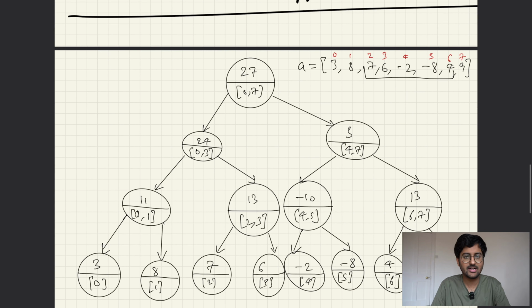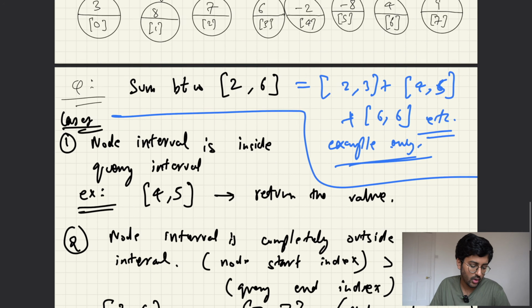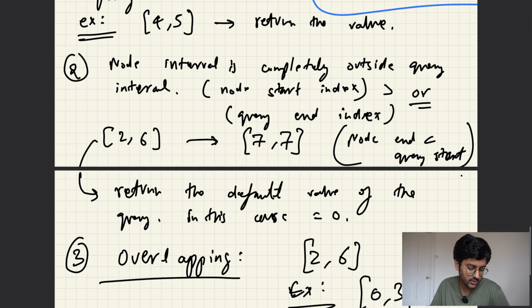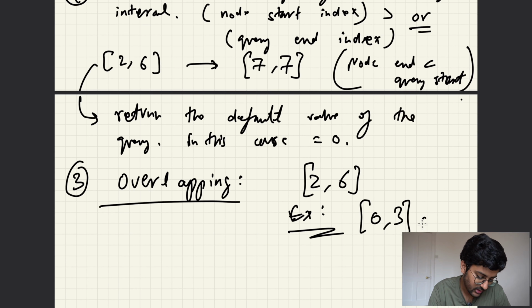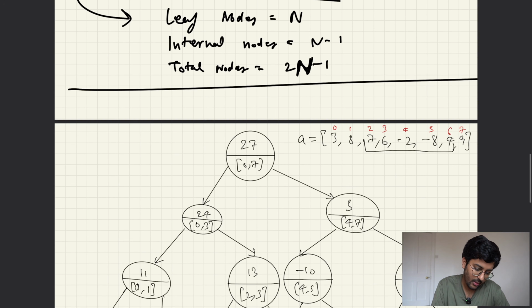So you go on the left hand side and you're like, hey, for 0, 7, Kunal, what is the case, 1, 2 or 3? It is the third case, because it is partial overlapping. As you can see, I want 2, 6 and it's giving me 0, 7. No, it's completely inside it. If we have an overlapping, not partial overlapping, this is full overlapping. So this is case number 3. We have overlapping.